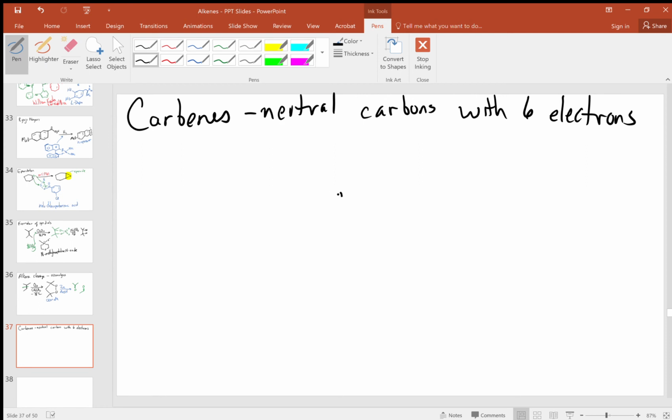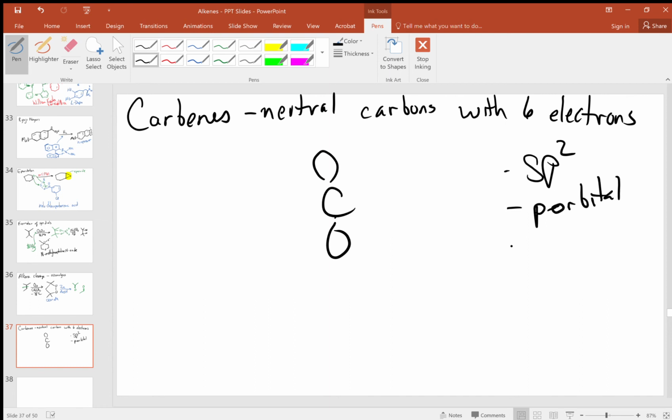And so typically they are sp2 hybridized. They have an empty p orbital, and they have a lone pair. So this would be the simplest carbene we could have. You can see it's a carbon, it has 2 hydrogens, it has a lone pair, and an empty p orbital.